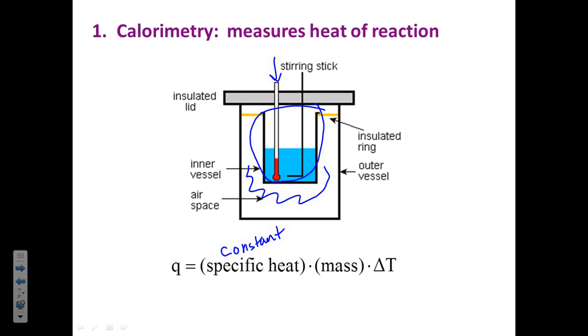The mass is the mass of everything that's in the beaker. Okay, so you take the mass of what's inside that reaction vessel, and then the change in temperature is what you're measuring from the thermometer. Okay, so again, the heat is equal to the specific heat, which is a constant that you look up in a table, the mass of everything that's in the beaker times the change in temperature.